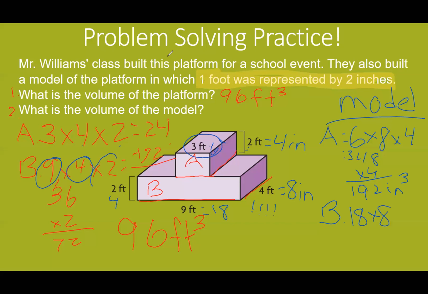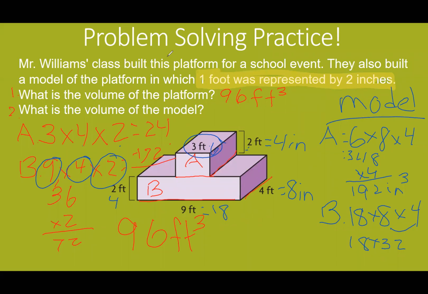And instead of this 2, it's going to be 4. So now I have a new problem: 18 times 8 times 4. I'm going to do 8 times 4 first, because I know that 8 times 4 is 32. And now I'm going to multiply 18 times 32, and I'm running out of room. I hope you have plenty of room on your paper.